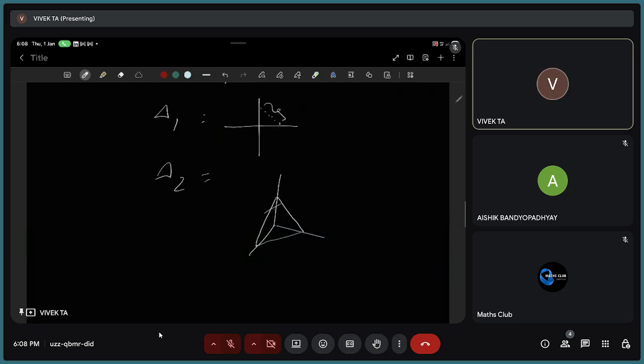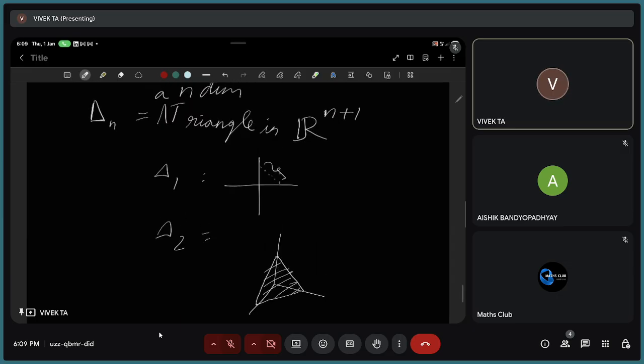It's a two-dimensional triangle. And in R4, it will be a tetrahedron. So essentially, it's an n-dimensional triangle in the positive quadrant of Rn plus 1. Did you get it?